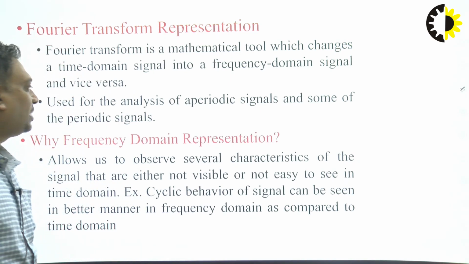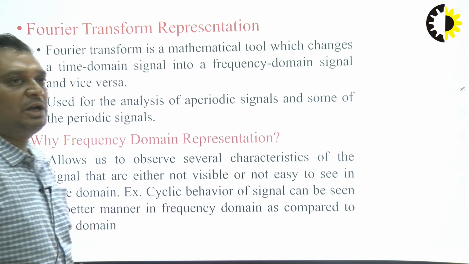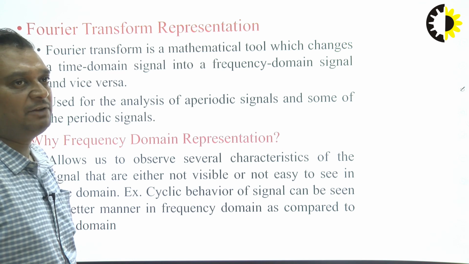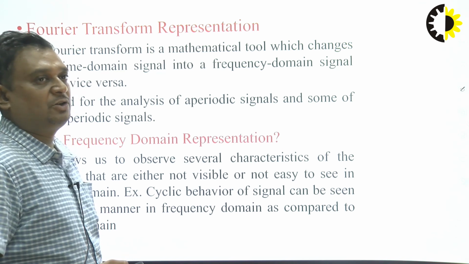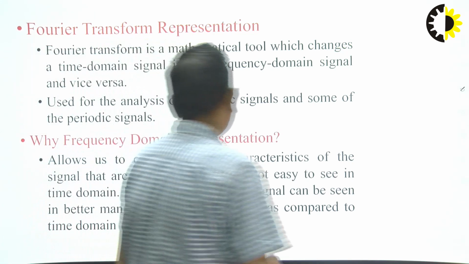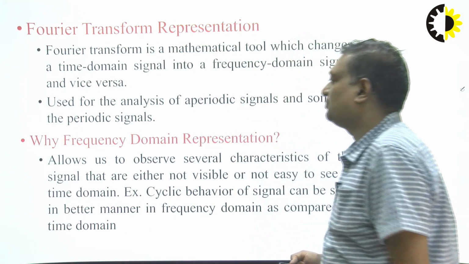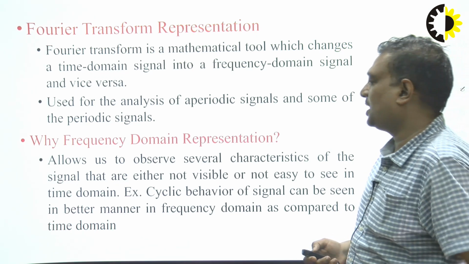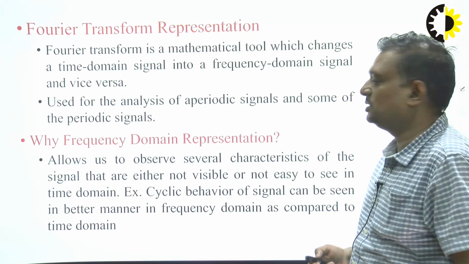So why frequency domain representation? What is the requirement of frequency domain representation when we already have the time domain representation of signals? The frequency domain allows us to observe several characteristics of the signal that are either not visible or not easy to see in the time domain.